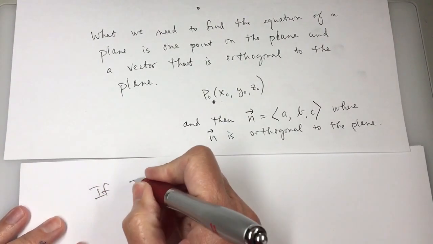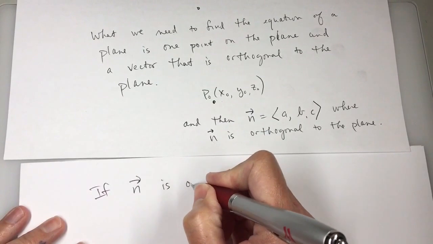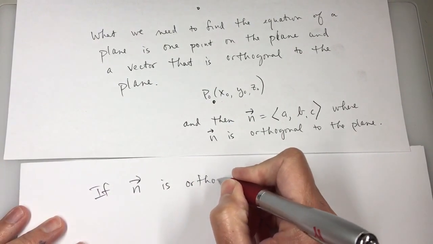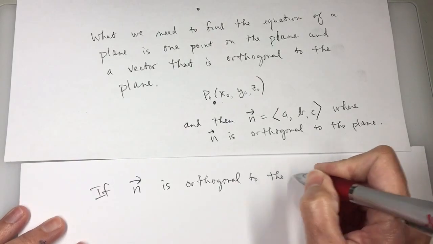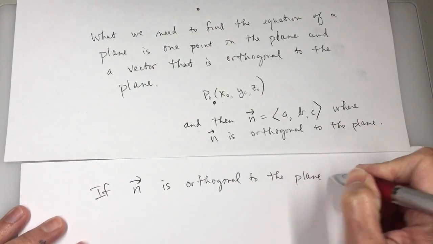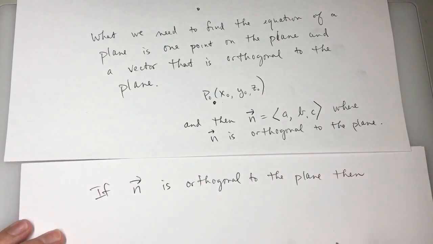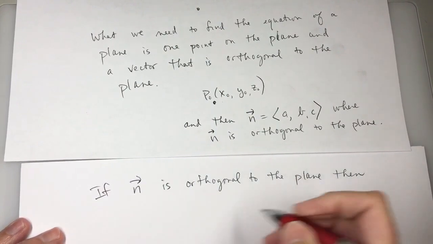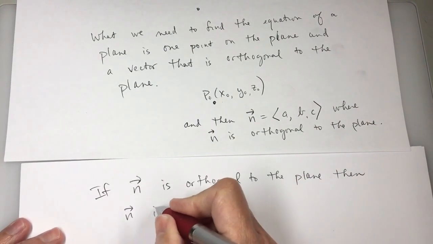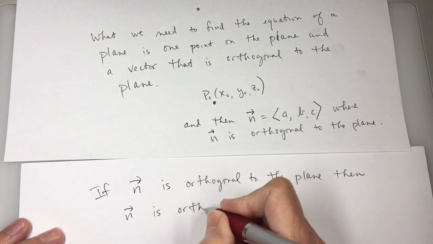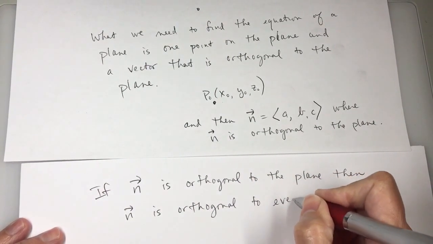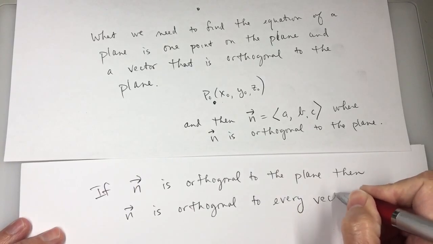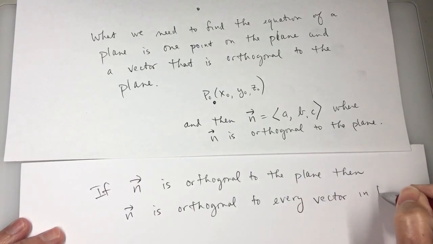If vector N is orthogonal to the plane, then vector N is orthogonal to every vector in the plane.